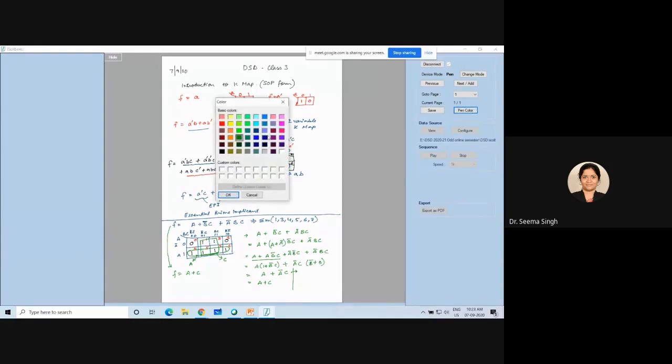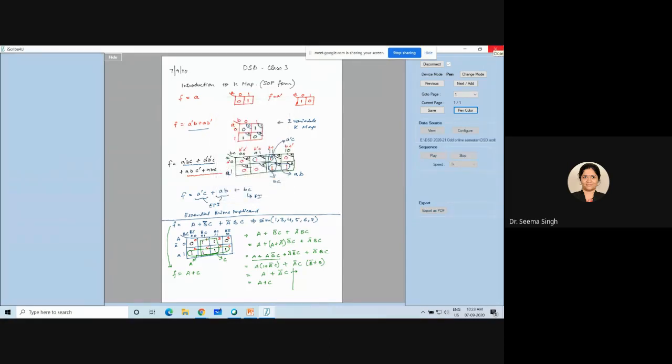If I do distributive law, which you people should know very clearly, I am distributing this OR operation with A bar and C from A. So this becomes A plus A bar and A plus C. So what did I do?